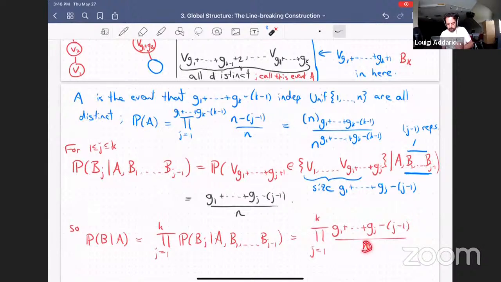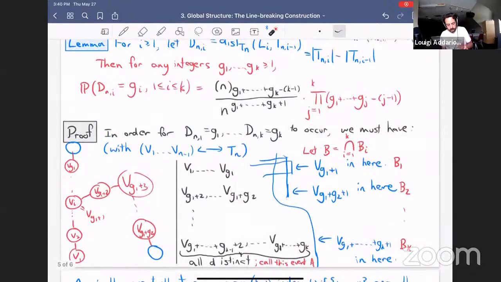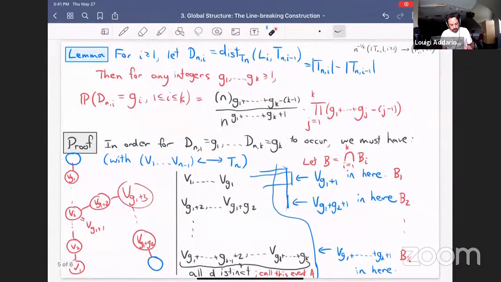We get an extra factor n to the k on the bottom, which takes this coefficient and changes this minus k minus 1 into a plus 1. And then we get the product of these gj terms, g1 up to gj. That's precisely what we claimed up here: the plus 1 on the bottom and the product of the sums of the gi's on the right. You have to think a little bit about what the bijection tells you, but after that, the proof is really a matter of careful bookkeeping to wind up with this expression. Any questions about that?